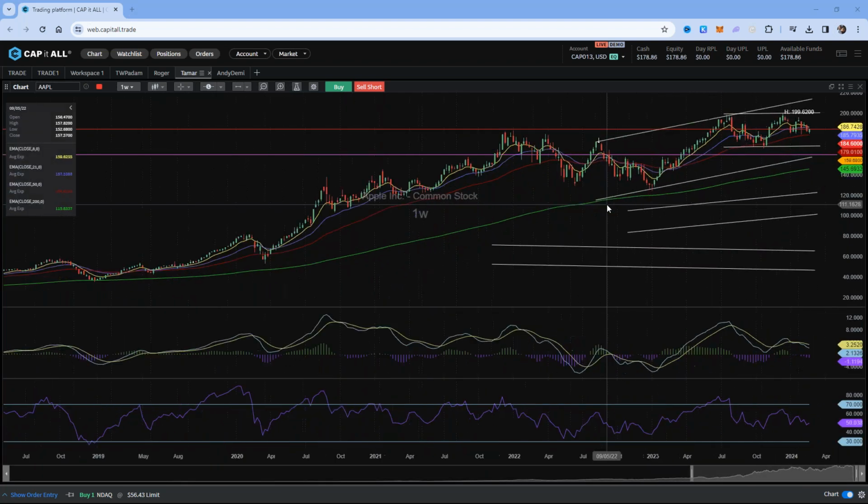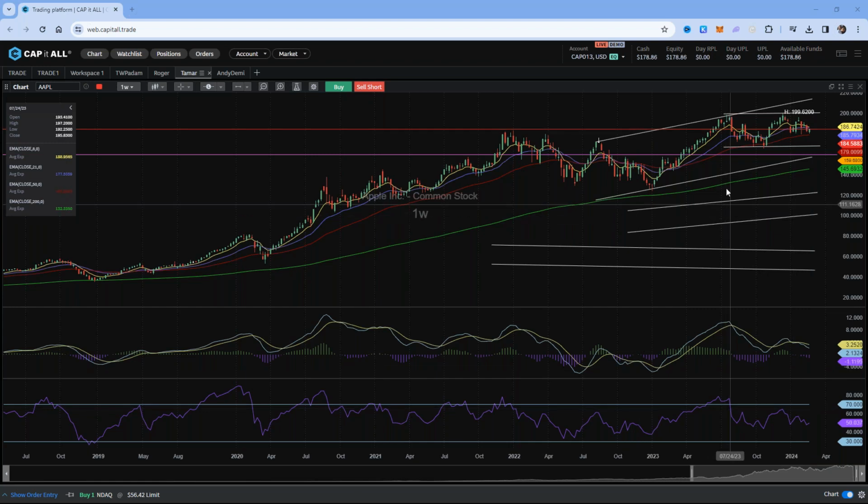So let's go have a little look at some stocks. So we'll begin with Apple. So what is Apple doing? Well, right now we are failing to break through this high. There's a little bit of weakness here on the MACD. The RSI is kind of level. This is going down. There's a little bit of divergence there.